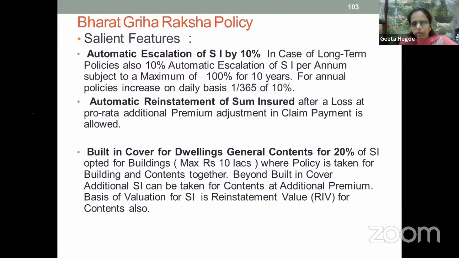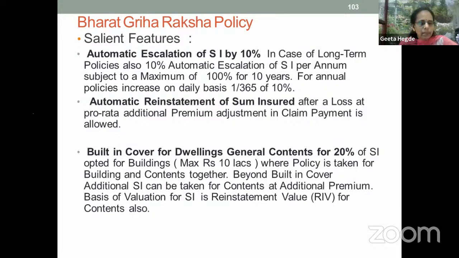If we are now talking about Bharat Griha Raksha, we are saying automatic escalation of sum insured by 10%. It means your sum insured, if it is now 100, it becomes 110 by the end of the policy, increasing 1 by 365, which we have seen yesterday also. The concept is escalation: your sum insured today will go on increasing by a certain percent throughout the policy period, and will become 10% or 5% higher at the end of the policy period.